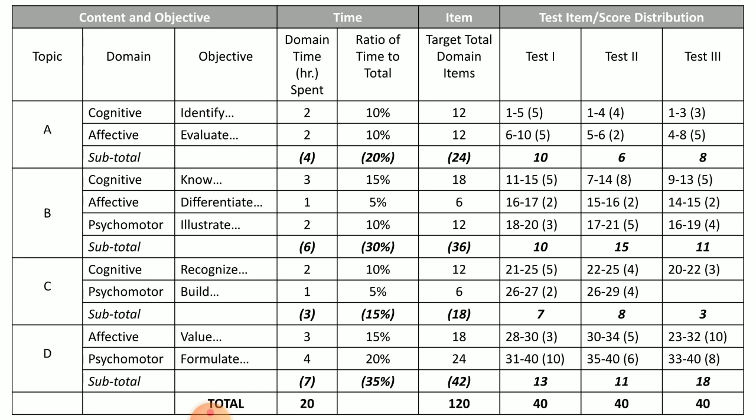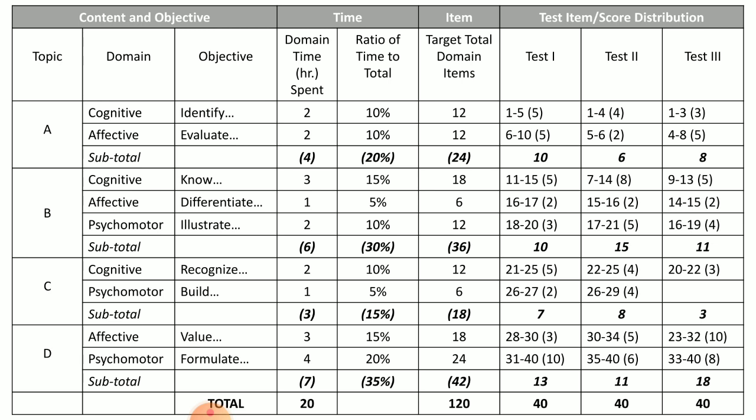So we need to multiply 120 by 10%. So under topic A, under cognitive, we have 10%. So 10% of 120, you'll be having 12 items on that domain or topic. Then another 10% times 120, you'll be having 12 items under topic A, affective.